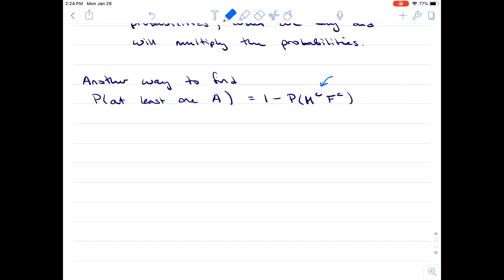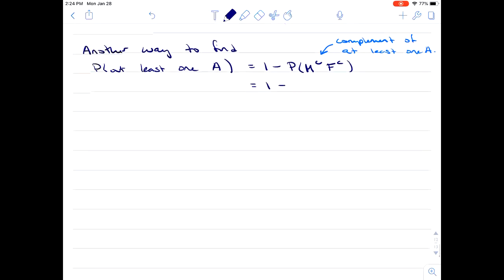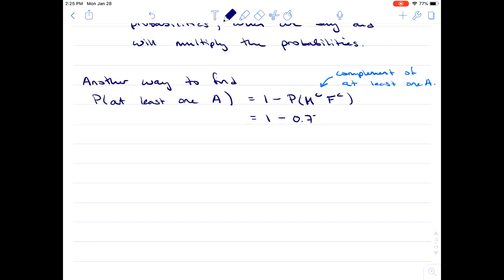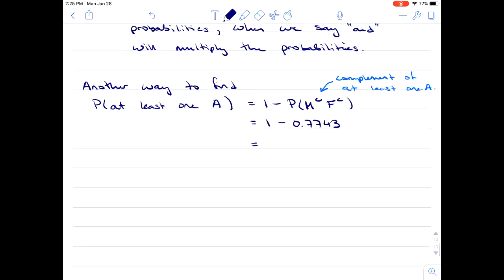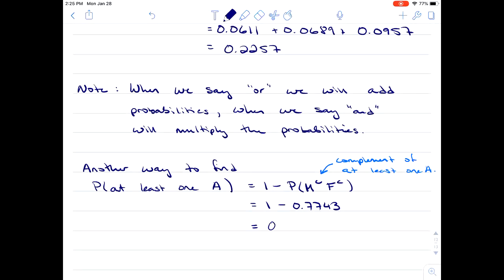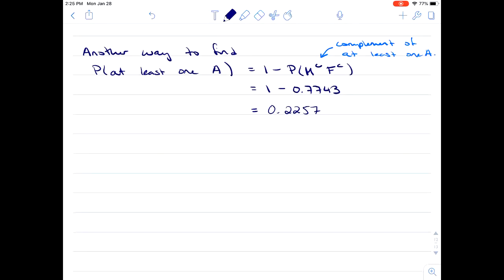Where this probability is the complement of at least one A. It's going to be 1 minus, I think 0.7743, yeah. And you can check it, but it is going to be 0.2257, right? Which gets you to that same probability.